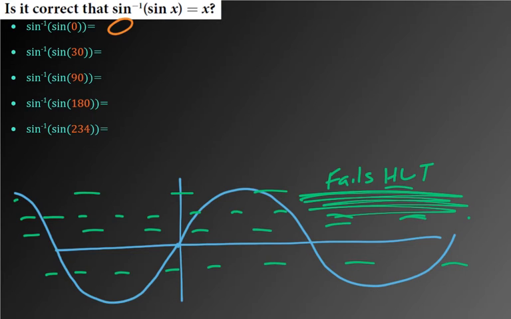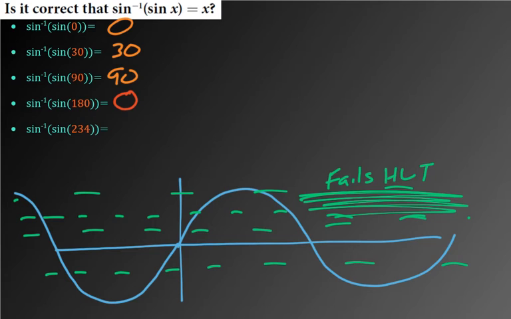If you did sine inverse of sine of 30, you would get 30. That's perfectly fine. If you do sine inverse sine of 90, you get 90. So far, everything here makes sense. If you do sine inverse of sine of 180, you get something really weird.